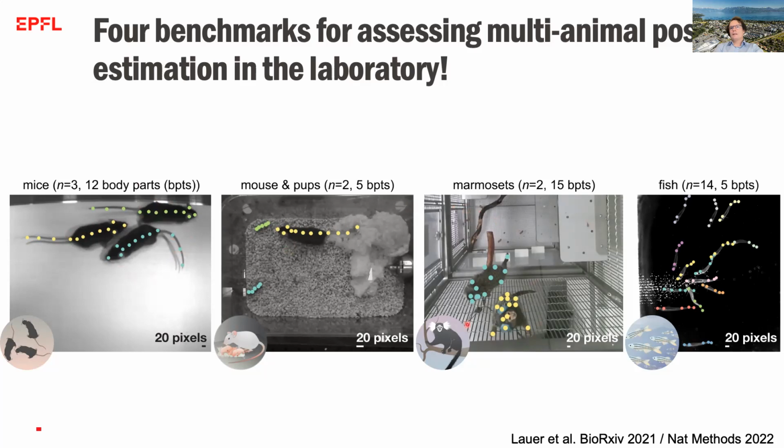We also considered the data set with 2 marmosets, labeled with 15 key points, in one large 3-dimensional cage where they are filmed from above. We also considered one data set of 14 fish, where 5 key points were each annotated. Both the marmoset and the fish data sets are extremely challenging because of a lot of occlusions, because the animals can occlude each other in these scenarios.